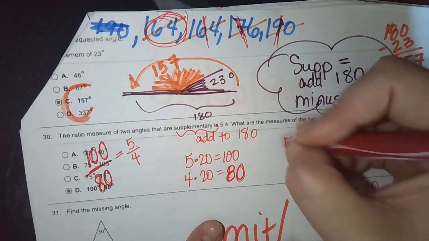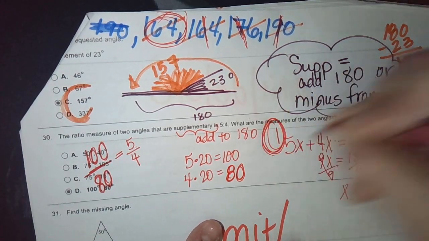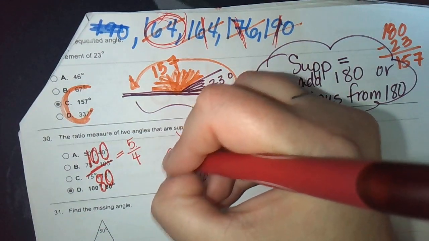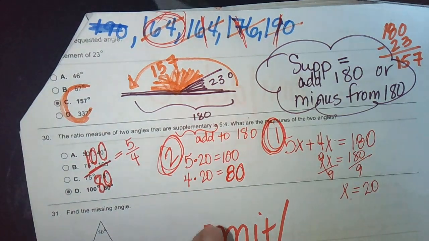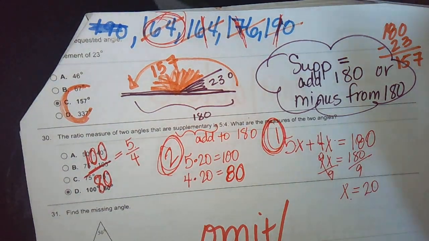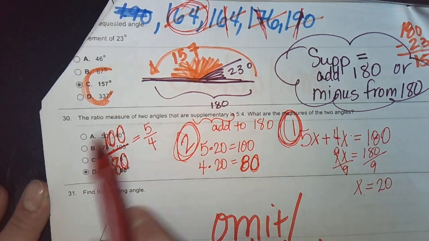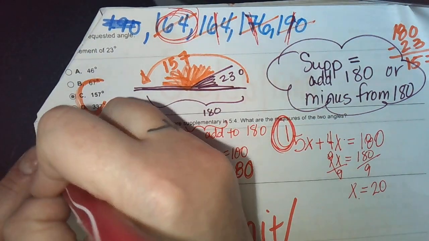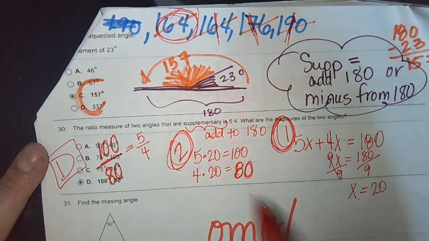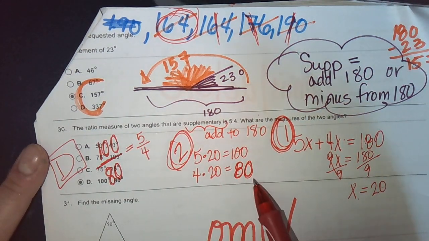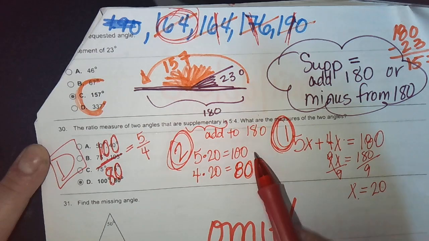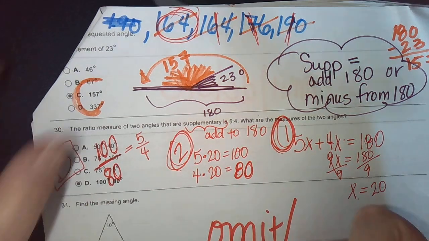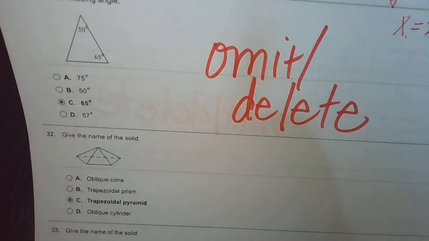My first step was this 5x plus 4x, and my second step was 5 times 20, 4 times 20. And then that was it. This last thing about 180 was just me rambling on. So my answer should just be D: 4 times 20 is 80, 5 times 20 is 100.